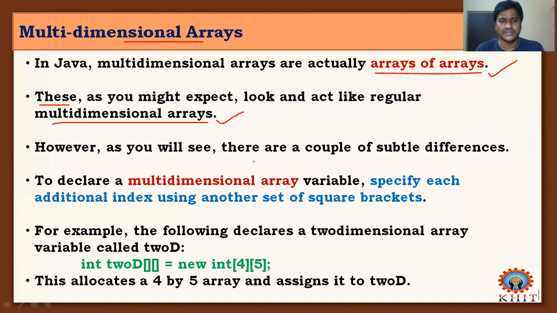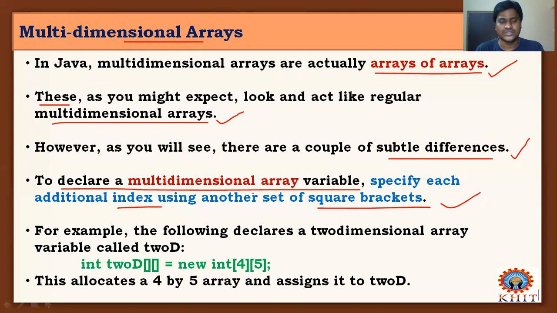However, there are a couple of subtle differences. To declare a multidimensional array variable, specify each additional index using another set of square brackets.